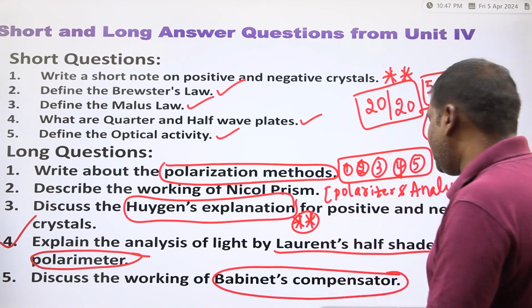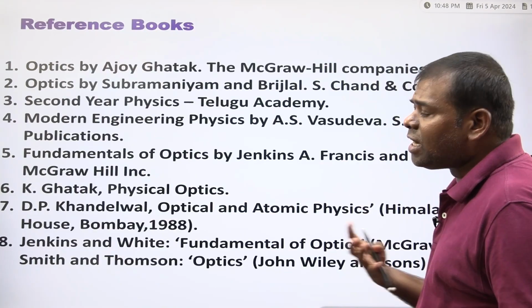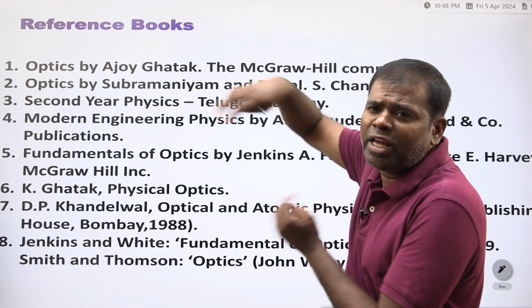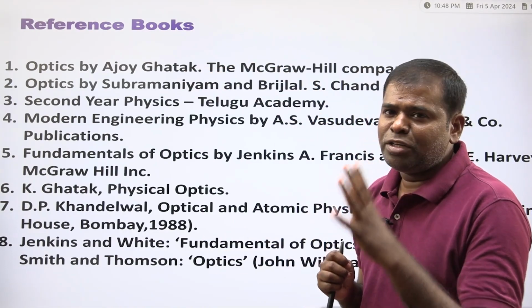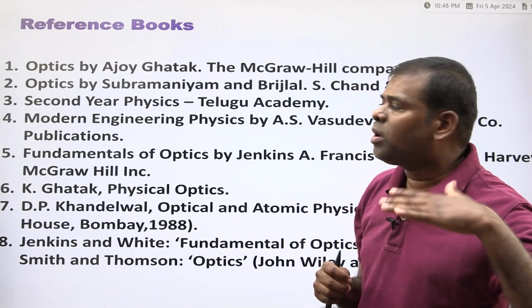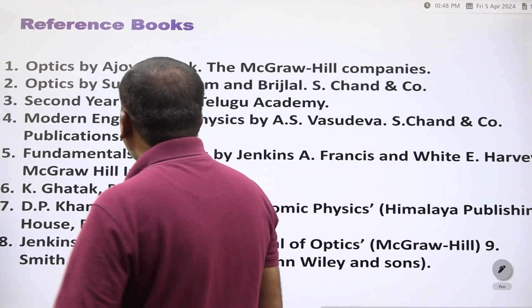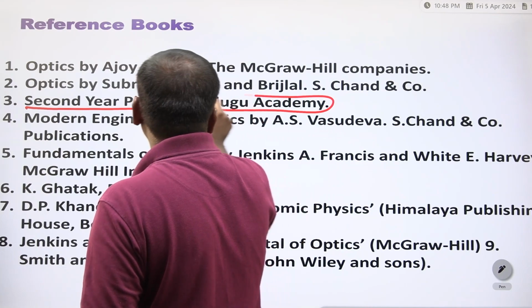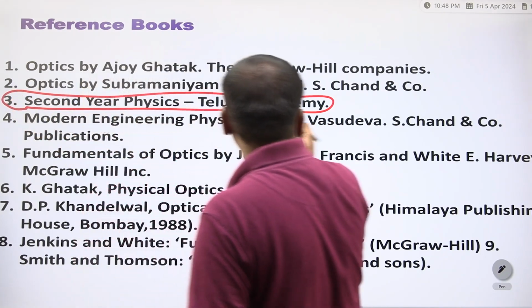These are the 4 units. What are the books? According to your syllabus, many reference books are there, but you can take any textbook or any question bank. Otherwise, the second year physics Telugu Academy book.